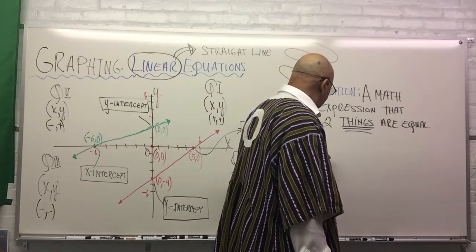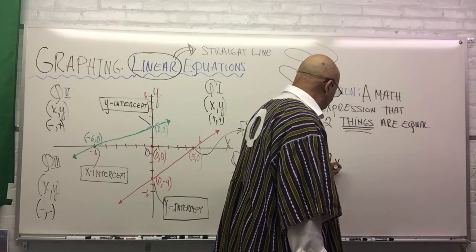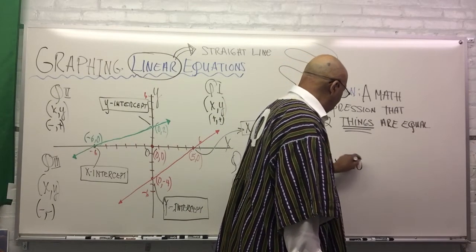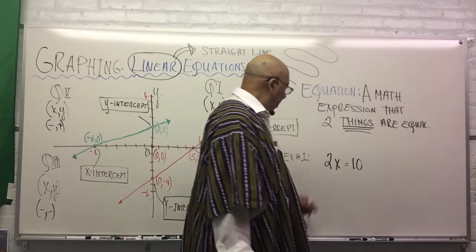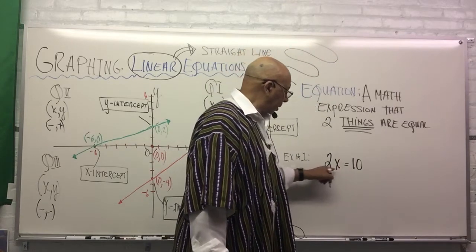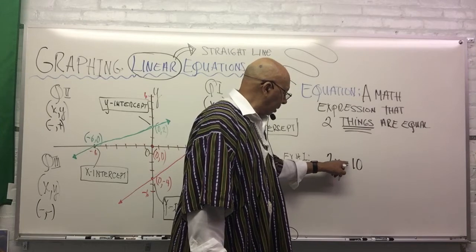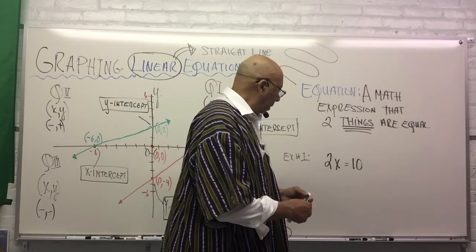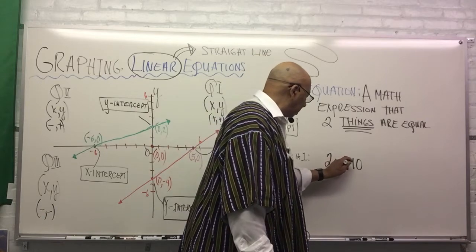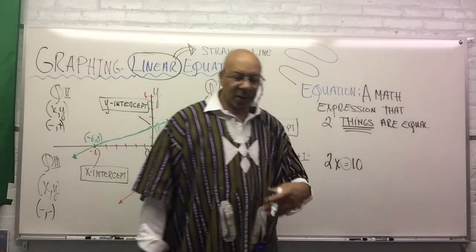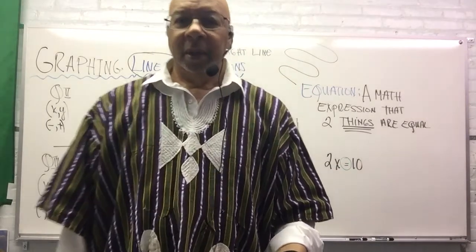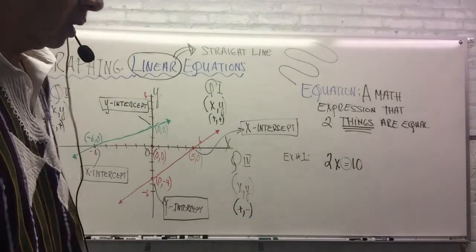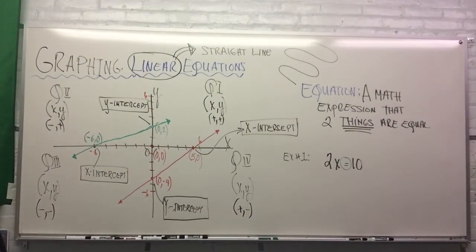Let's say I say 2x equals 10. That's an equation. It's an expression that two things are equal. And the equal sign tells me that it is an equation because the equal sign is the expression that notifies us that two things are equal.